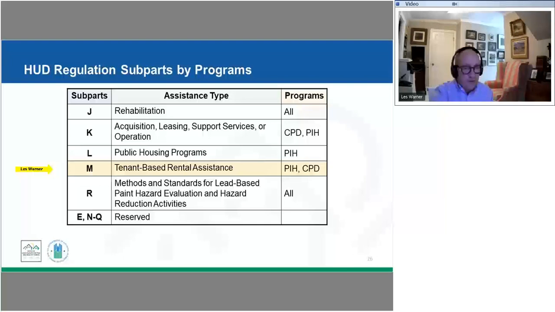There's a separate subpart L for public housing programs. We talked about some examples where you might simply be providing leasing assistance, and so you would fall under subpart K versus subpart M. So it's really important to first define, for the activity that I'm undertaking, which of these subparts I need to be following, and then know the details on that.